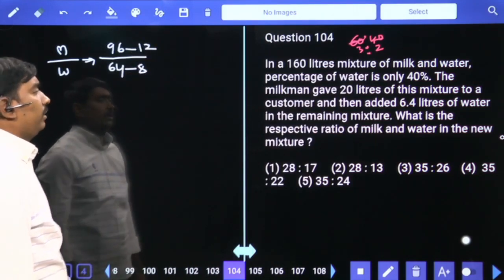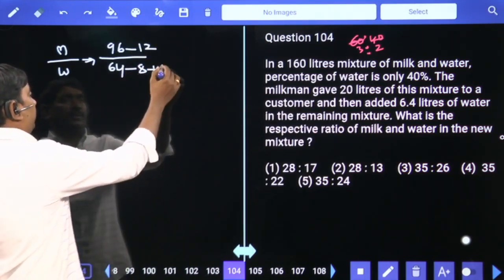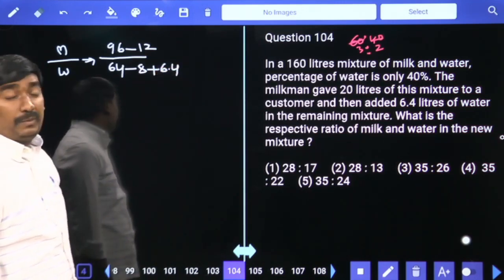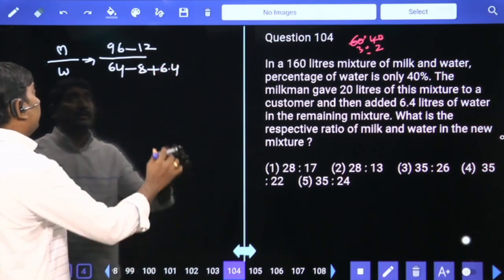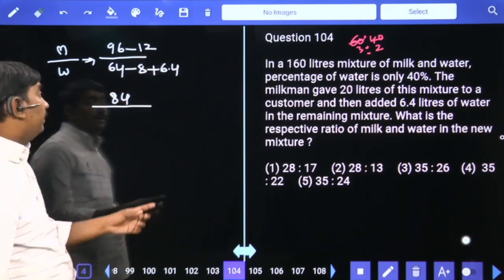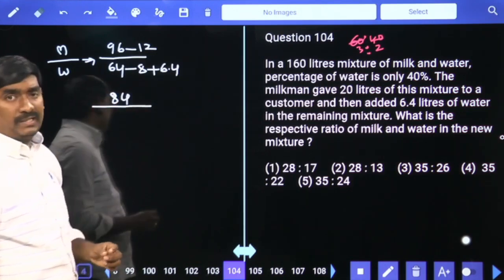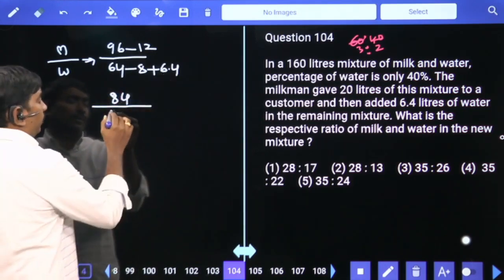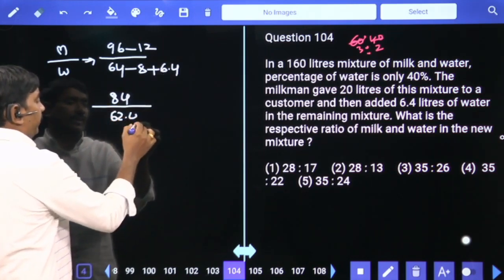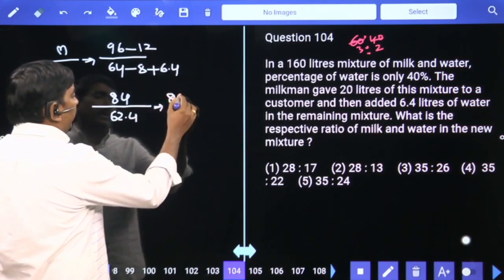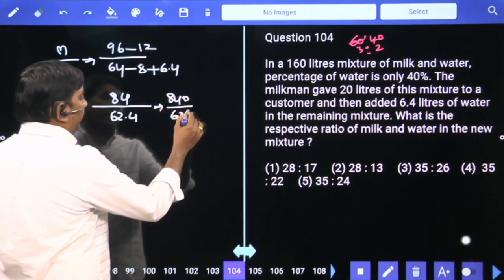Added 6.4 liters of water in the remaining mixture. What is the ratio between milk and water in the new mixture? 96 minus 12, 84. 64 minus 8 means 56. 56 plus 6.4 means 62.4. 84 by 62.4, which is 840 by 624.